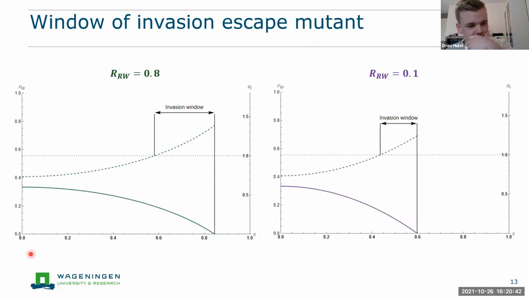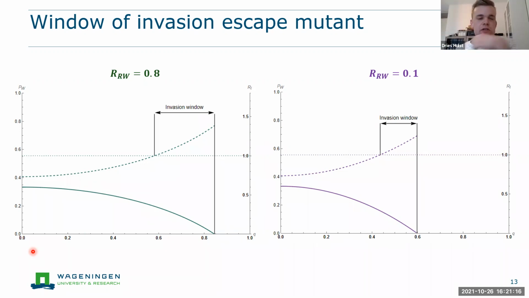Yeah, so this is a little bit back to what we saw before in one of the first figures with the lower reproduction ratio of the wild type in resistant hosts. In fact, this lower reproduction ratio means that the resistance is more effective. That can either be that the resistance genes are stronger, or that genetic selection is combined with other interventions that reduce the transmissibility of the wild type.